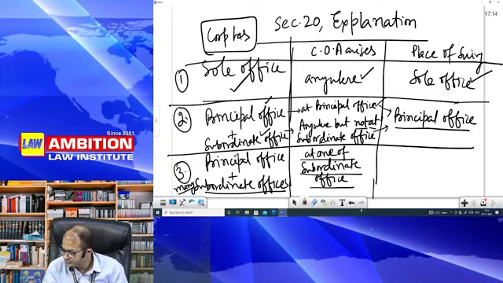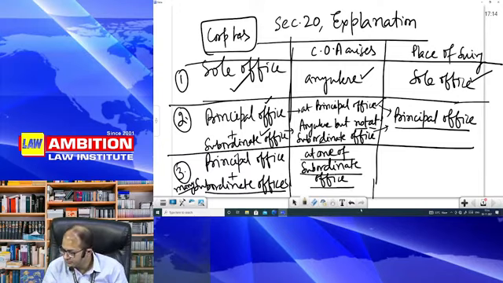Section 21. Then I see it says no objection as to place of suing shall be allowed by any appellate or revisional court unless such objection was taken in the court of first instance at the earliest possible opportunity in all cases where issues are settled at or before such settlement and unless there has been a consequent failure of justice.